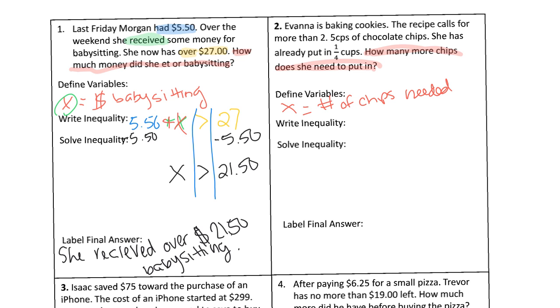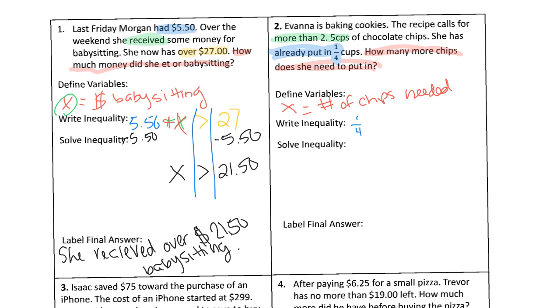Okay. Write our inequality. We always write with what we started with. She has already put in 1/4 cups. Okay, so that's what we started with. We started with 1/4 cups. Well, the recipe calls for more than 2.5 cups.